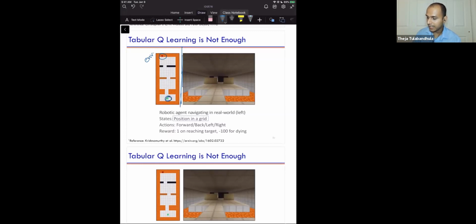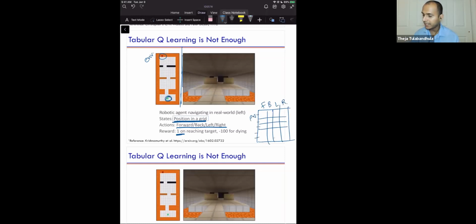If states are just positions in a grid, and you have a bunch of actions and a bunch of rewards, then you can create a table where you will have the 4 actions, so forward, backward, left, and right, and each of the rows will be a position. Okay, so there are maybe lots of positions, maybe 500 of them. So you can create a table, but that's quite limiting, right?